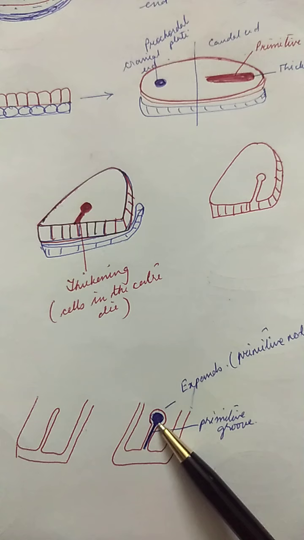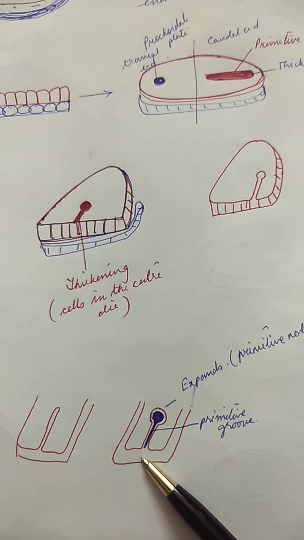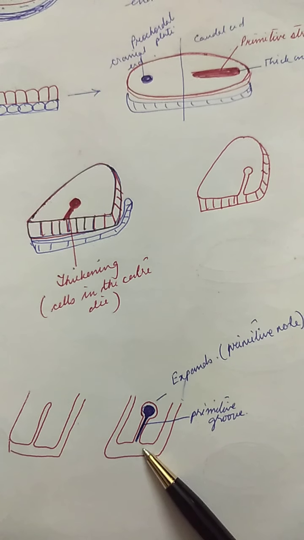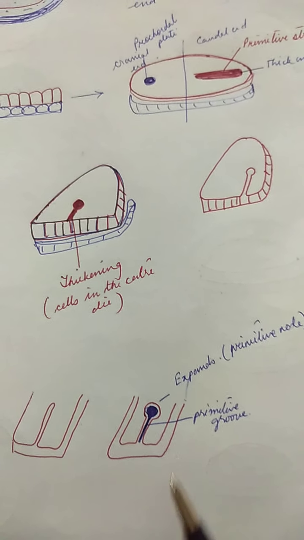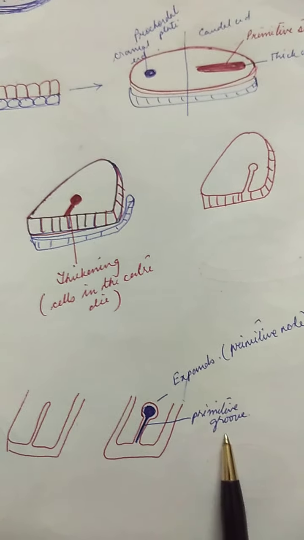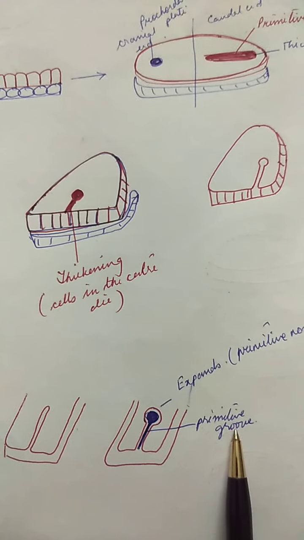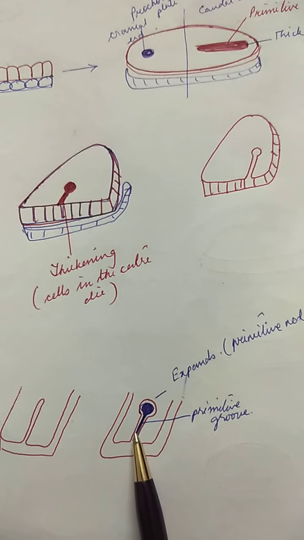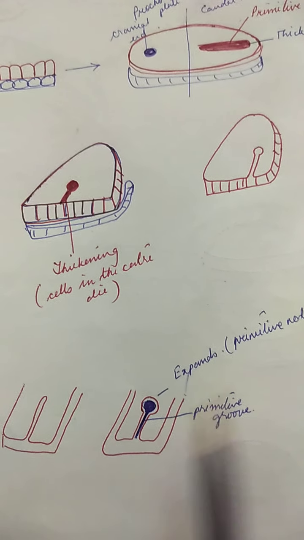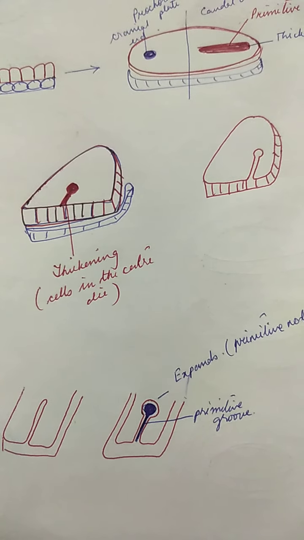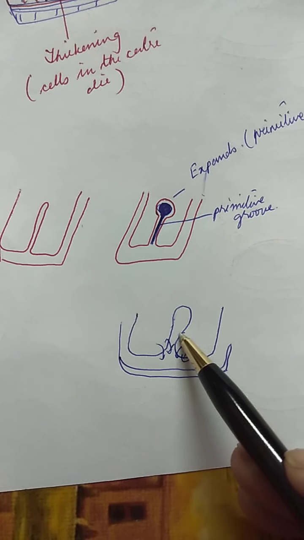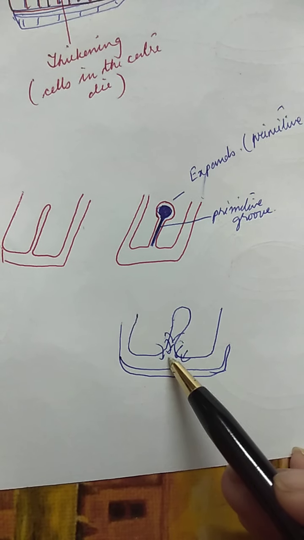This depression continues along the midline of the epiblast towards the caudal end of the streak. This is known as primitive groove. Once formed, cells of the epiblast migrate inward towards the primitive streak. Here we can see inward movement of the cells of the epiblast.